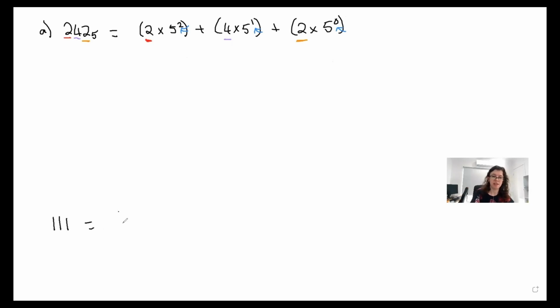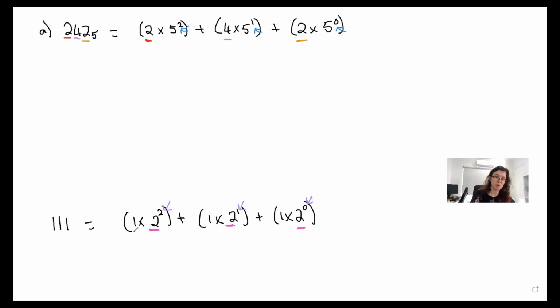We could convert that to decimal by doing 1 times 2 squared plus 1 times 2 to the 1 plus 1 times 2 to the 0. Again, we've got those ascending powers, 0, 1, 2. The base is here because binary is base 2.